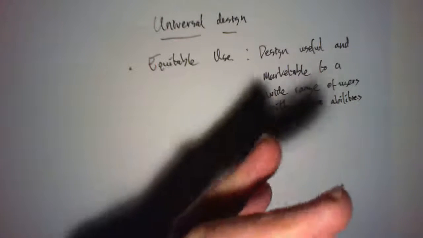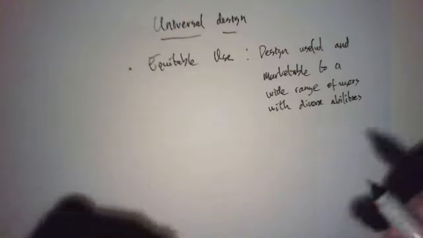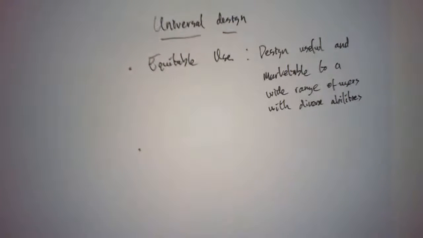No point in putting the word disability here, but rather diverse abilities will be a catch-all for it. So it has to be able to be used by a huge amount.